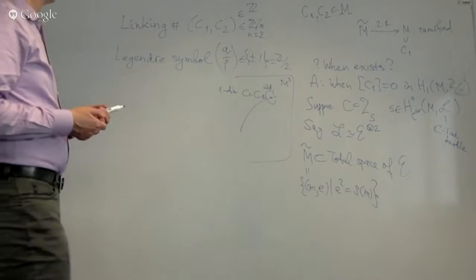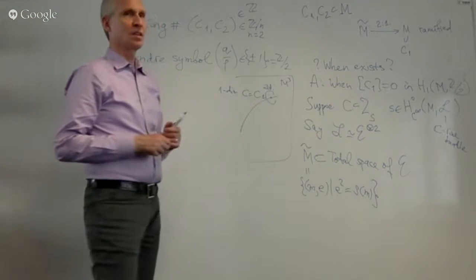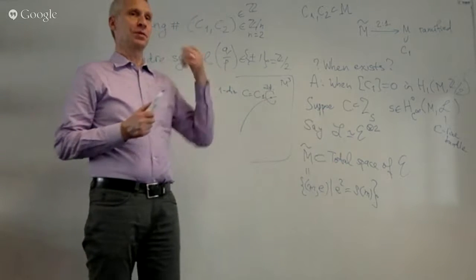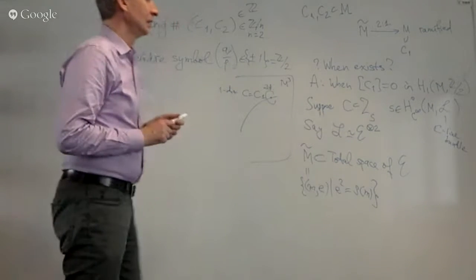Then you have two preimages for each point, except where it vanishes.